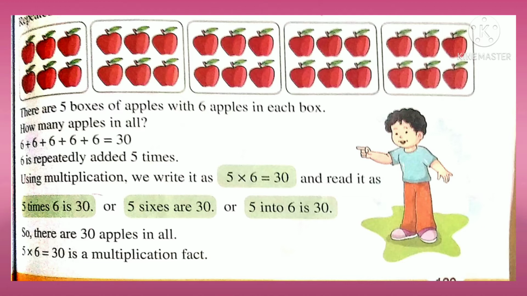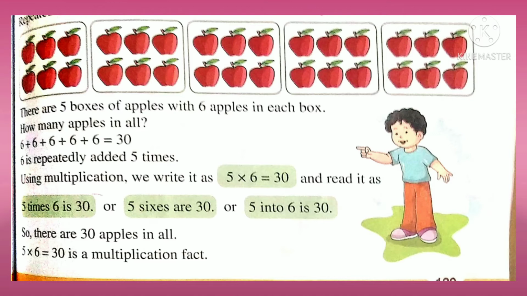How many apples in all? So, how are we going to find it? We are going to add or we are going to multiply. 6 plus 6 plus 6 plus 6 plus 6 equal to 30. 6 is repeatedly added 5 times.